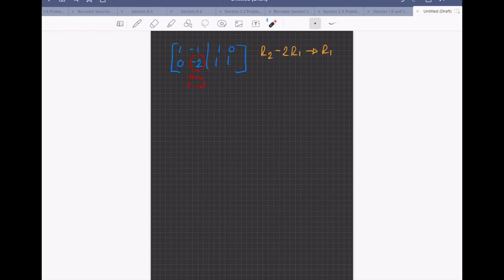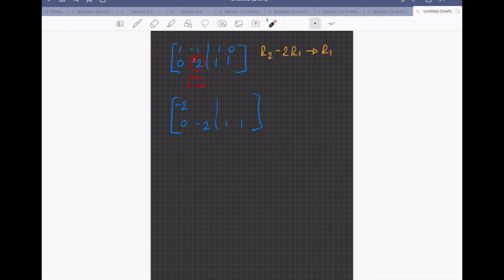So in this step, row 2 as it is, so it's going to be 0, negative 2, 1, and 1. But now I have a new row 1. So I'm going to do it. 0, 2 times row 2: 2 times 1 is 2. 0 minus 2 is negative 2. Here, negative 2, so 2 times negative 1, negative 2.